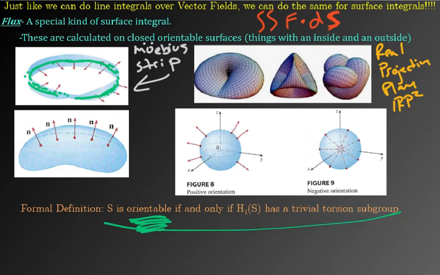There's a lot of words there that probably make no sense. But that is actually the formal definition, and that's why I'm not expecting you to know how to find whether or not it's orientable. For purposes of this course, we're just going to say if it has two sides, inside and outside, it's orientable. That's basically the idea.